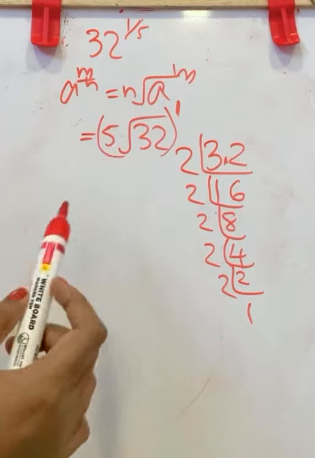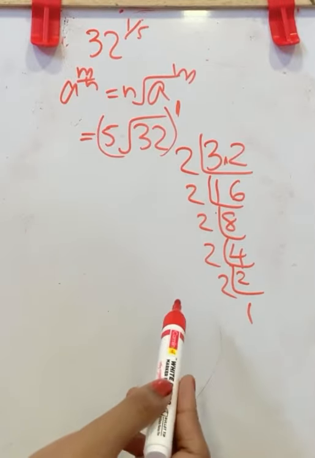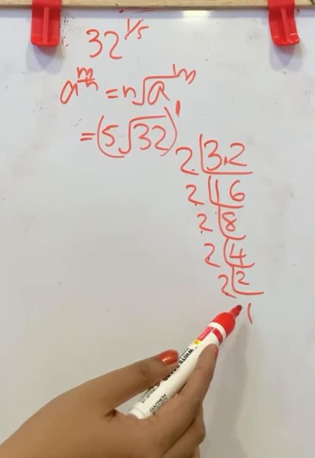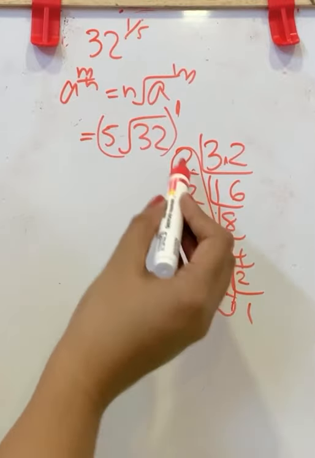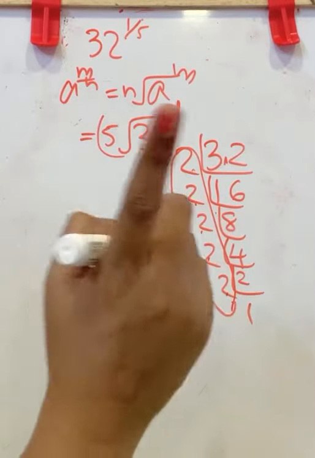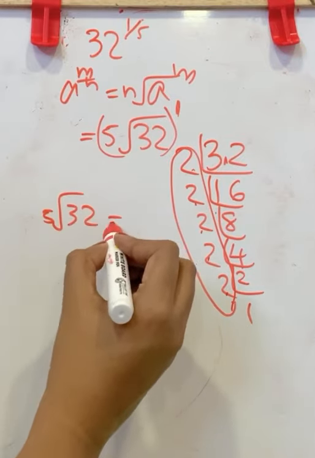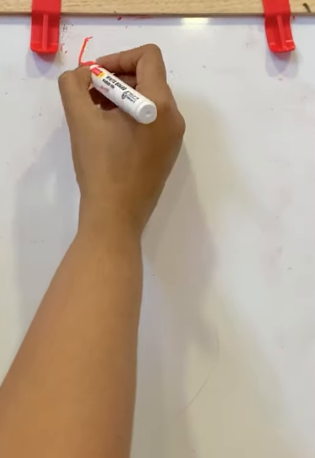For square root we are pairing 2 numbers, but for 5th root we have to pair 5 numbers at a time. 1, 2, 3, 4, 5. This is paired. Now from these 5 2s we will take only 1 2. So 5th root of 32 is equal to 2. This is the answer.